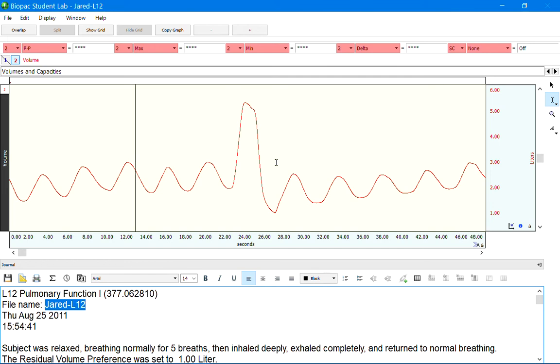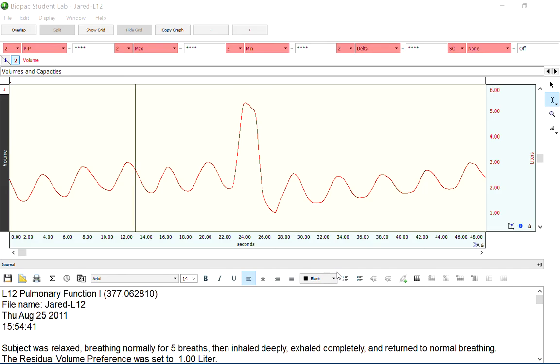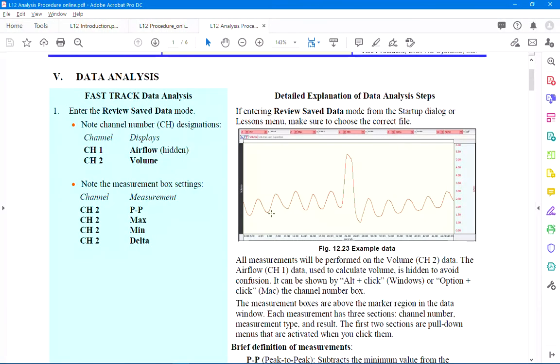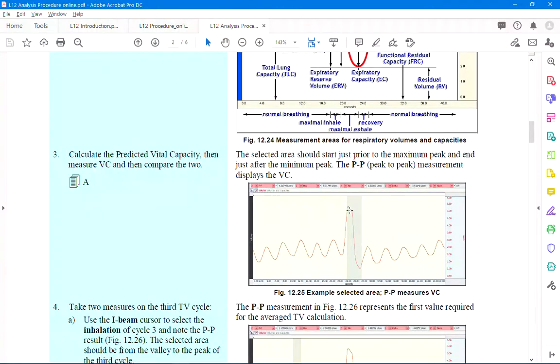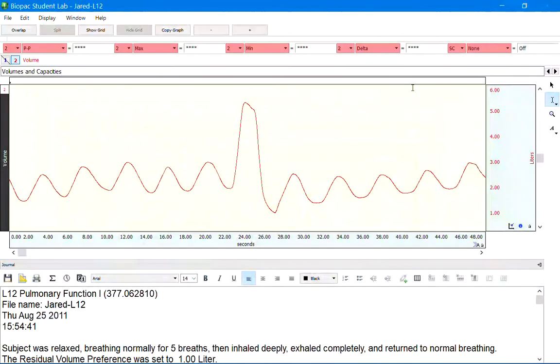So the first part we want to analyze is for Jared, and it's his vital capacity. Now, if you'll recall, in this analysis, if you scroll down just a little bit, we have an example of vital capacity. And again, as I mentioned, it was from the peak or maximal inhale to the maximal exhale. So that's pretty simple to do.